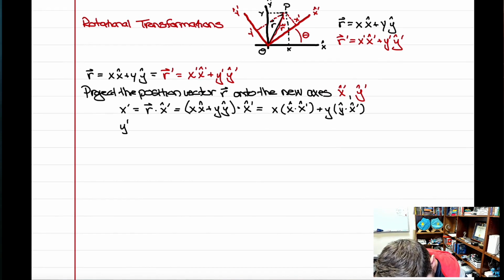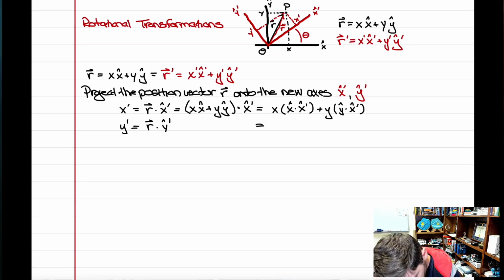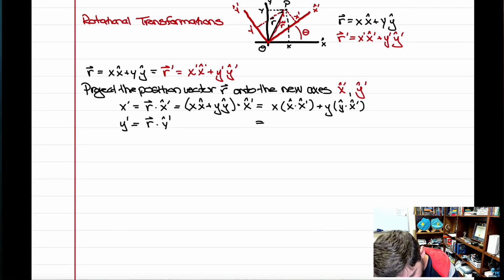I can do the same thing for y dash, which is then going to be the position vector dotted with y hat dash. Then this ends up being x times x hat dot y hat dash, plus, oops, sorry, that should be an x, and then y times y hat dot y hat dash.